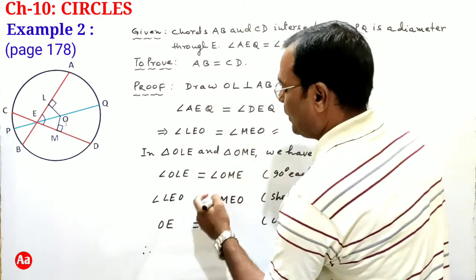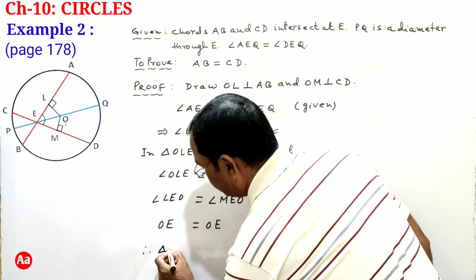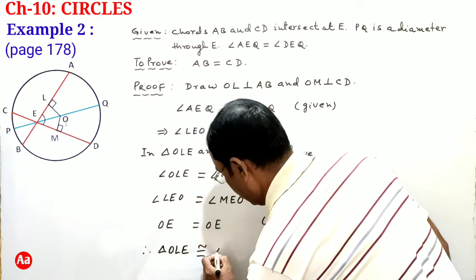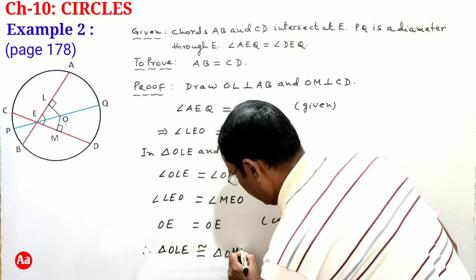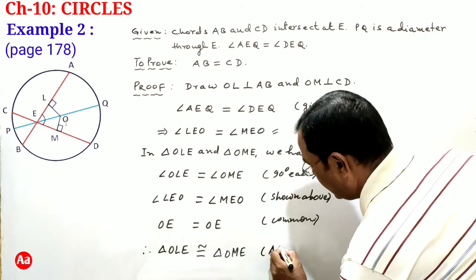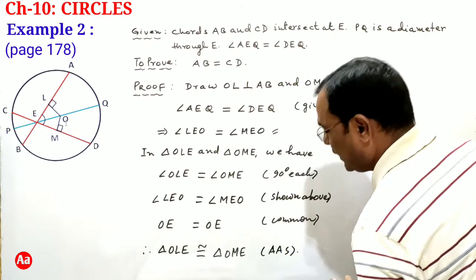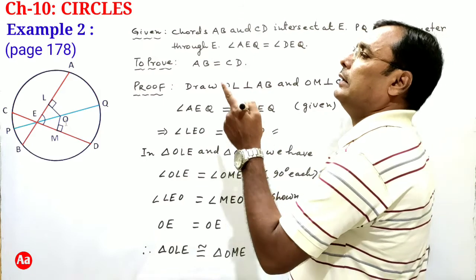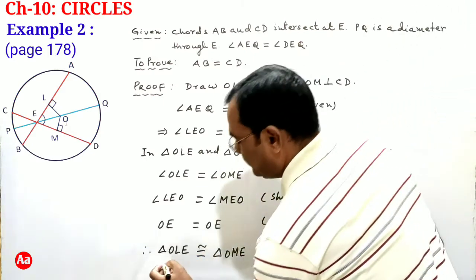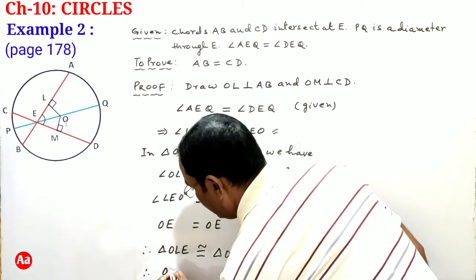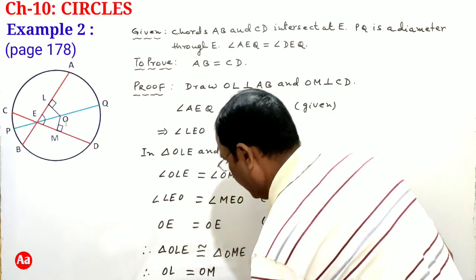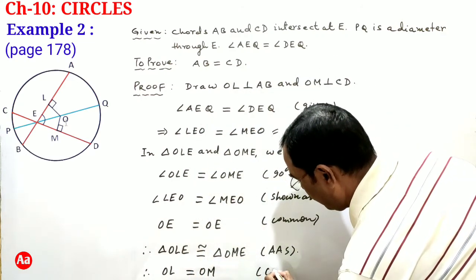So triangle OLE is congruent to triangle OME by angle side rule, and therefore OL is equal to OM by CPCT.